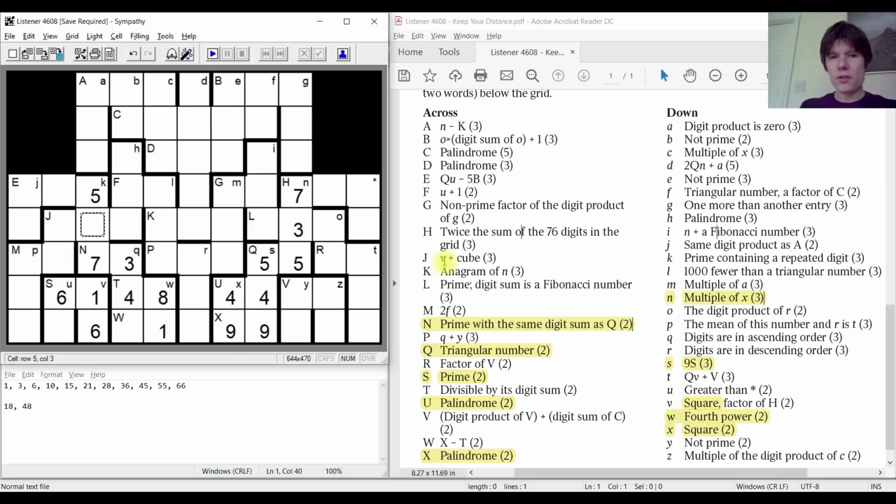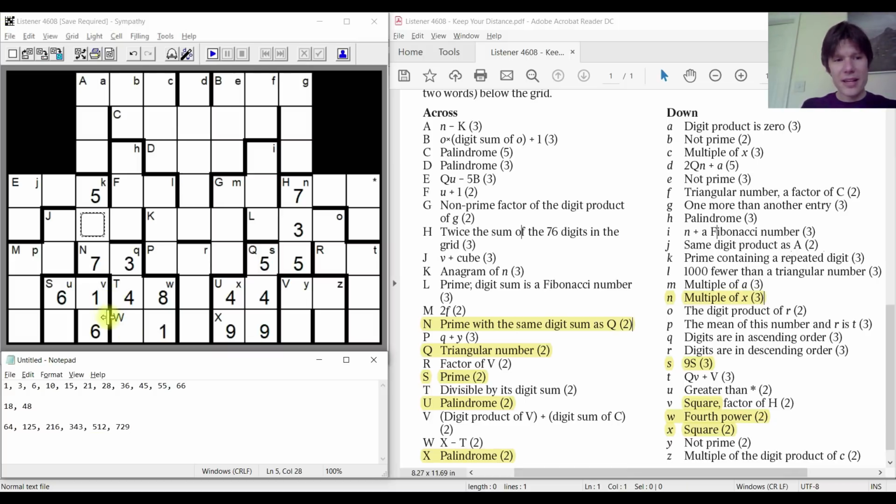Big J across is little v plus a cube. Now, earlier we looked at a fourth power. There aren't very many cubes between 100 and 1,000 either, or slightly less than 100. So let's list those. There's 64, which is 4 cubed, 125, 5 cubed, then 216, 343, 512, and 729. And then, of course, 10 cubed is 1,000.